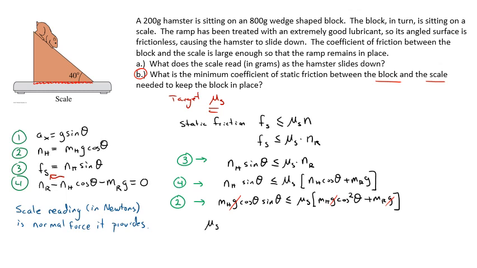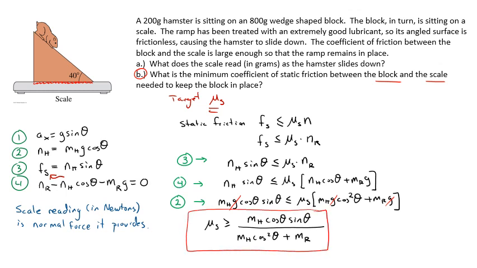Mu s has to be greater than or equal to, on the top I've got mh cos theta sine theta, and on the bottom I've got mh cos squared theta plus mr. So there's our final formula for this problem.